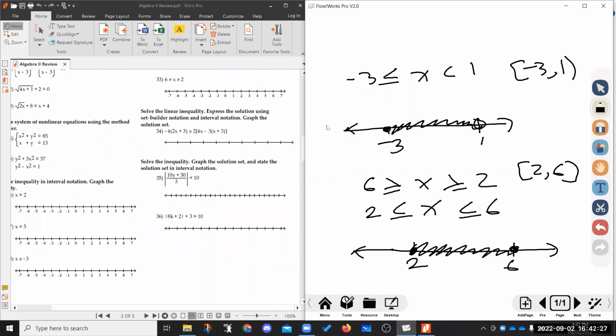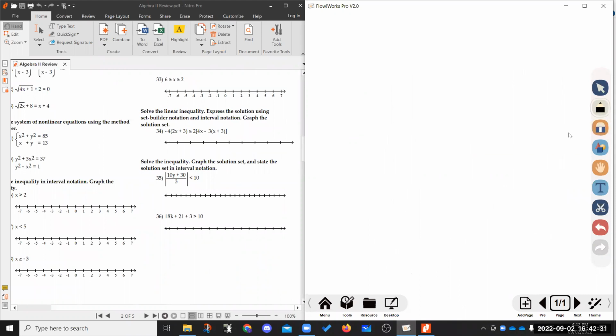Now we want to solve a linear inequality here, and we're going to graph the solution set on a number line. So I have -4 times (2x plus 3) is greater than or equal to 2 times the quantity (4x minus 3 times (x plus 3)), like that.